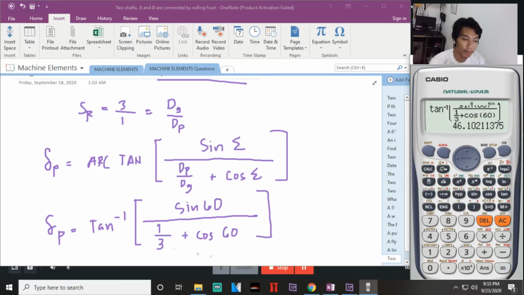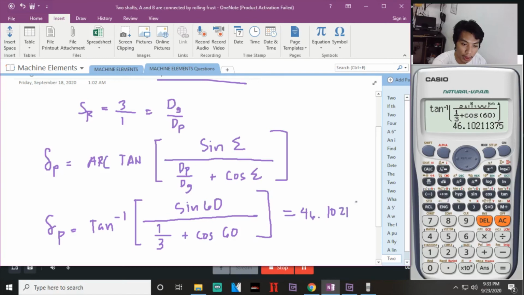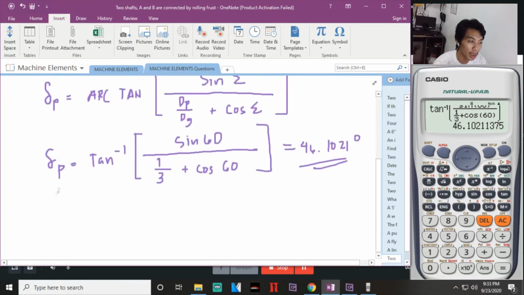Tingnan natin. Oy, 46 point. Ang answer will be 46.1021 degrees.